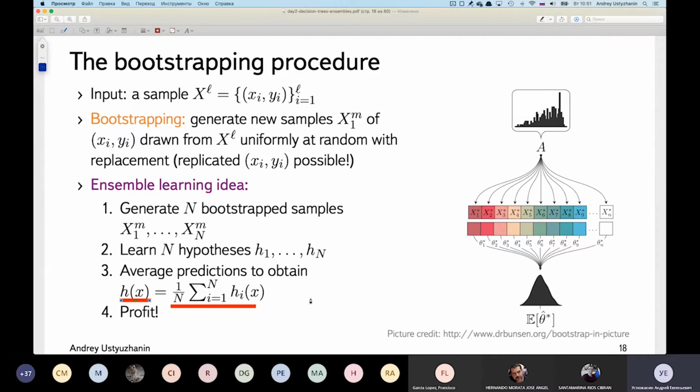So maybe only a fraction of those learners, of those trees, will see those outliers, and the rest will know nothing about it. And so they will be quite confident that in this area there is nothing related to the red patches. So it would be able to rule out those outliers completely.